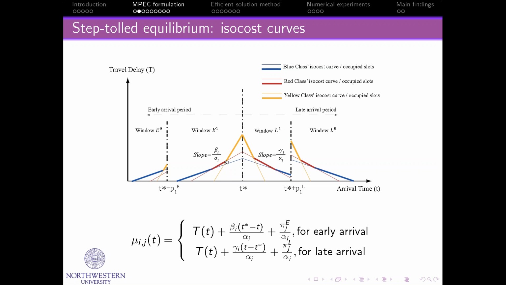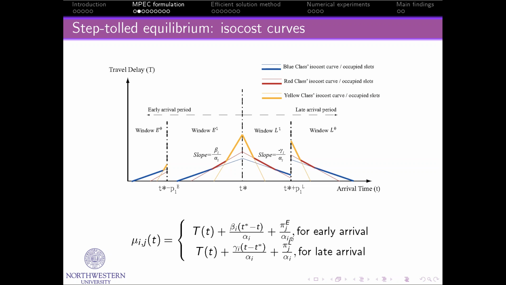Within that toll period, for every user class, under user heterogeneity, in a user equilibrium, they have to have the same user cost, which is the total travel delay plus the schedule penalty plus the toll rate.